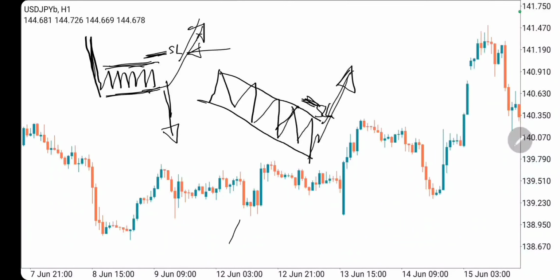Now, the third type of liquidity is the equal highs and equal lows liquidity, whereby price makes an equal high, like in the form of a double top or double bottom. You expect price to respect this equal high so that price will sell, but the market comes to your equal high and takes out your stop loss.